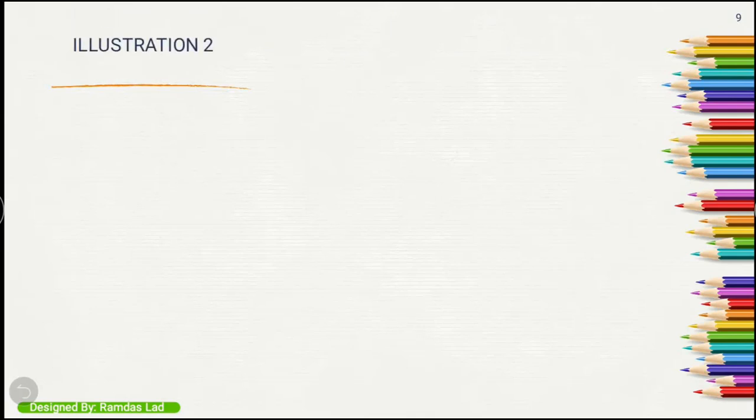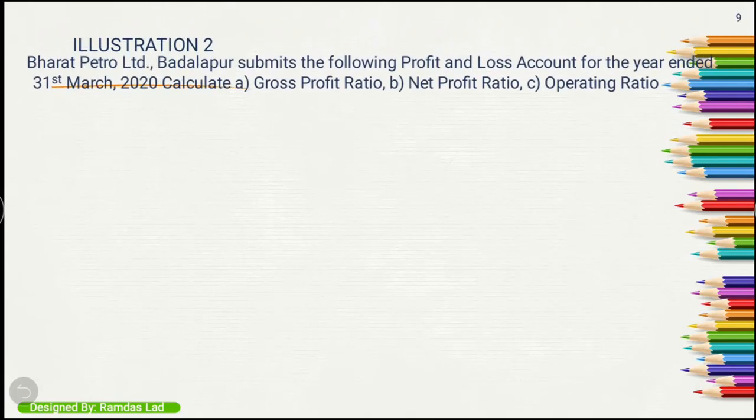Now, second example. In this example, we are going to calculate revenue statement ratios. Again, we can take a very simple example. Bharat Petro Limited, Badlapur submits the following profit and loss account for the year ended 31st March 2020.